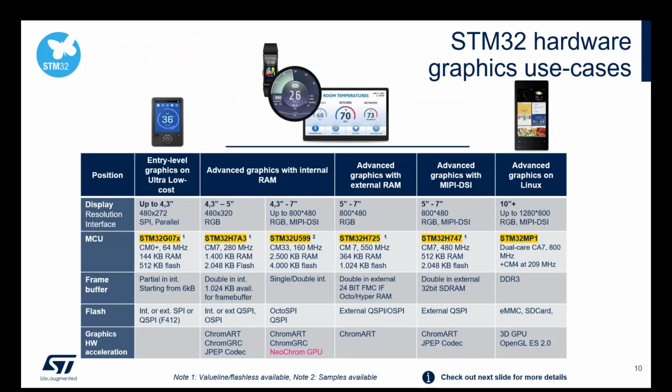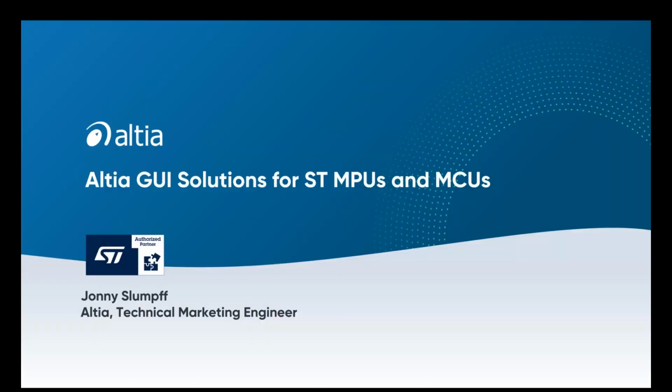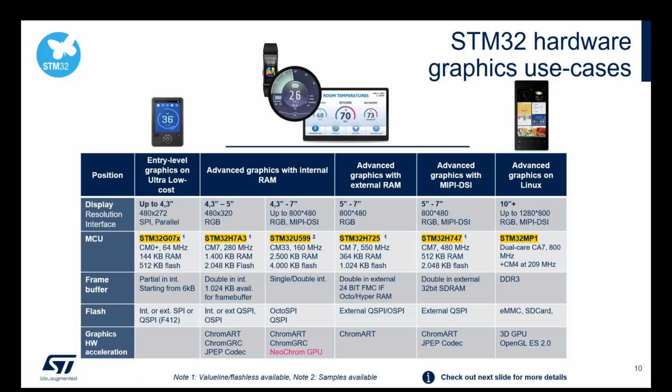So overall, the STM32 graphics portfolio is quite versatile. On the entry level, we have solutions running on G0. This is a low-cost MCU. And then you can take the step up to the H7, the U5 series, and especially to the H7A3 and the U5-9, where you can run from internal SRAM.